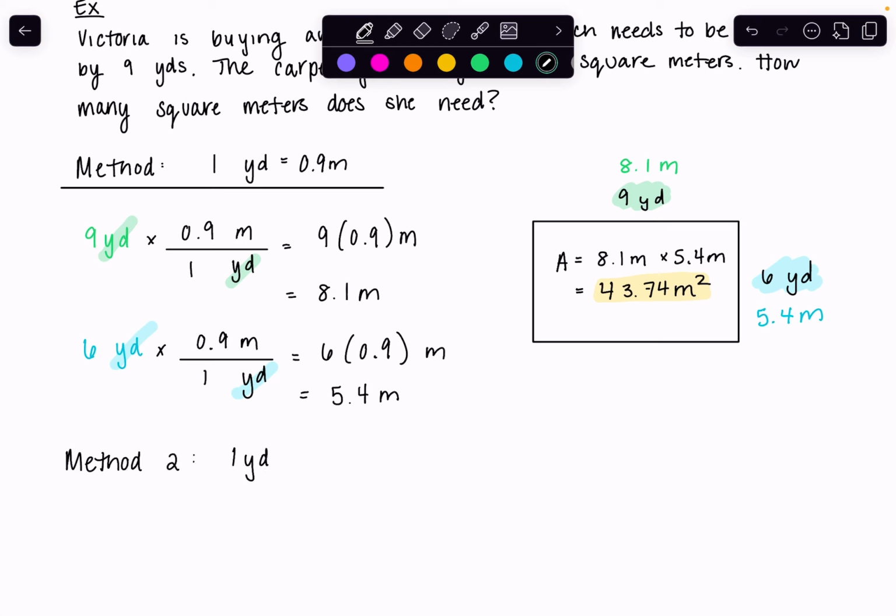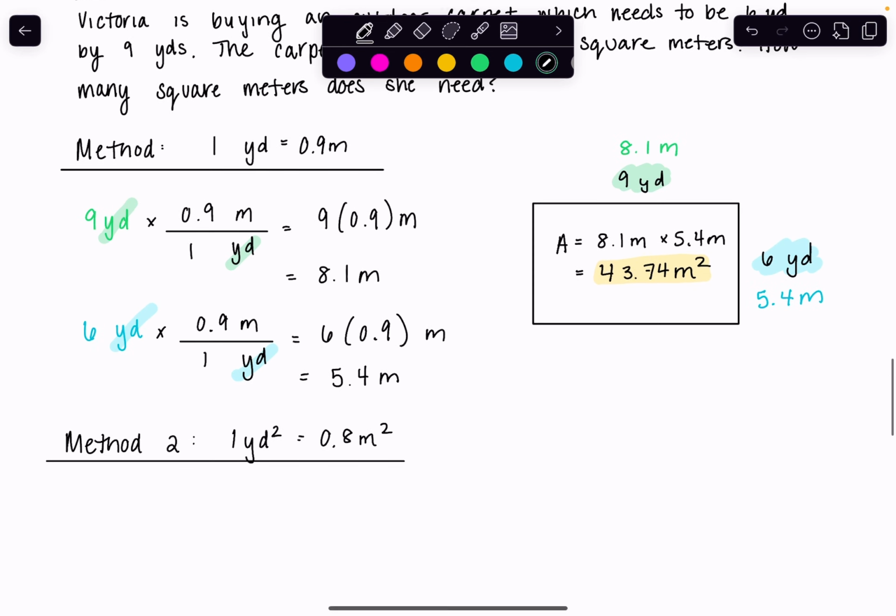The second method would be, again, dependent upon the information that you have, but maybe we're told that 1 yard squared is 0.8 meters squared. In this case, I would need to find the area of the carpet in yards squared, which would be 9 yards times 6 yards, which is 54 yards squared.